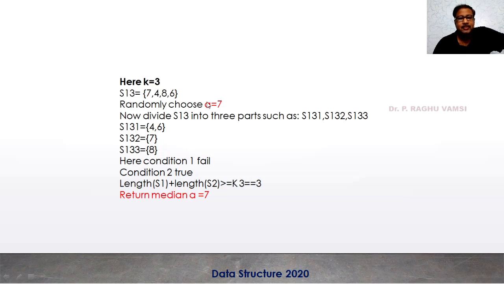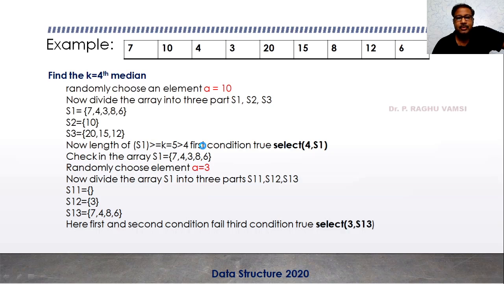So that is the reason we return the value A. So the median A is equal to 7. Now the fourth median in the list is 7. That is what was returned. This is the way the median search will work.